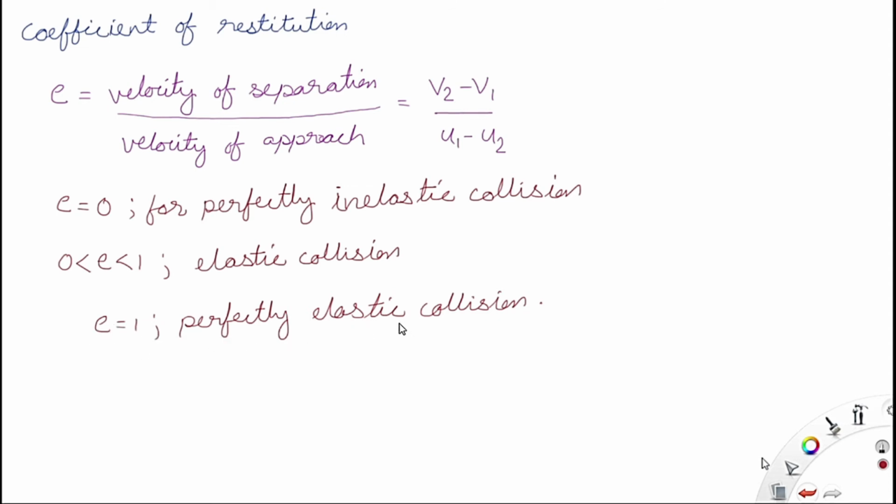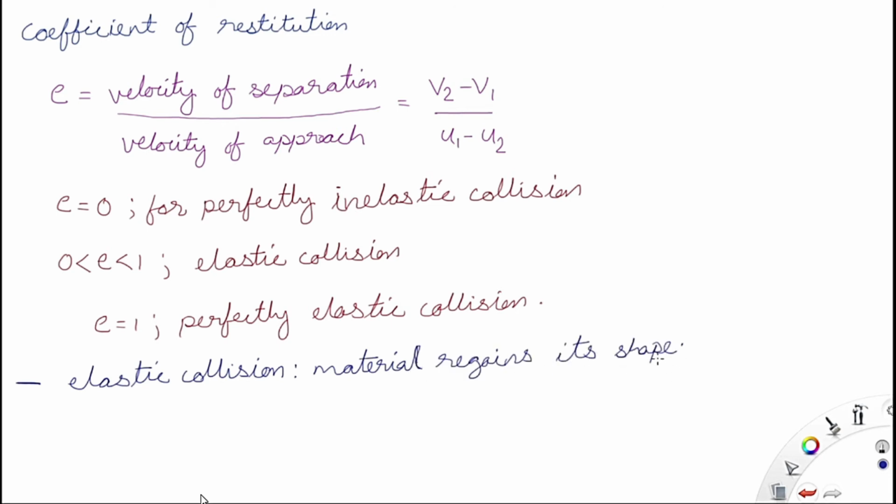So in a perfectly elastic collision, both linear momentum and kinetic energy are conserved. In a perfectly elastic collision, the material regains its shape, whatever the initial shape.